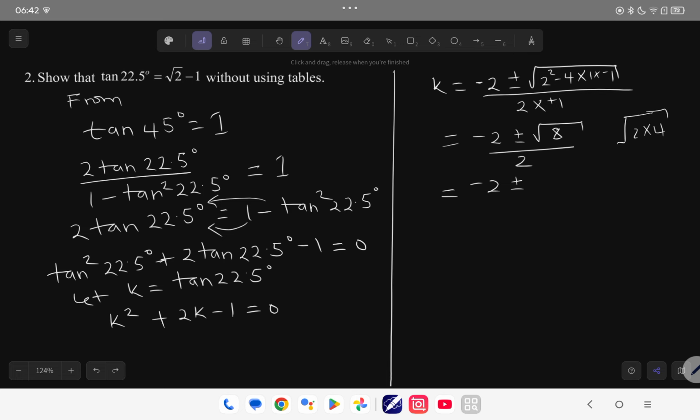Now root 4 is 2. So 4 goes outside as 2, with 2 root 2. So root 8 is the same as 2 root 2. 2 root 2 out of 2. The 2 goes with the 2. You remain with negative 1 plus or minus root 2.